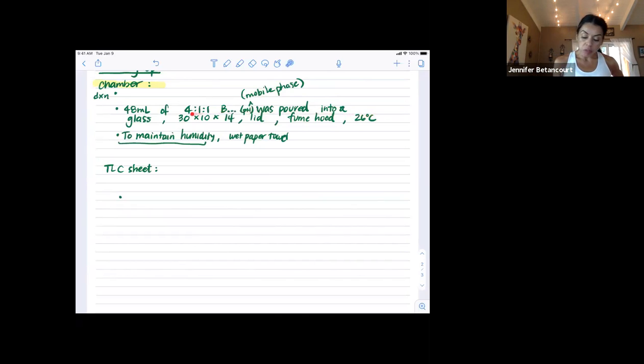You should really just be using what it's made out of, what its size is. Okay, it's not made of glass, but it's a silica gel. Here's where you use the actual product name.